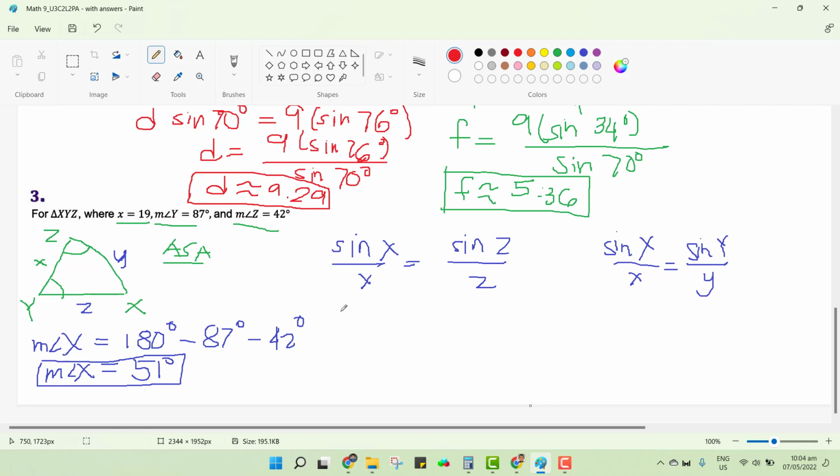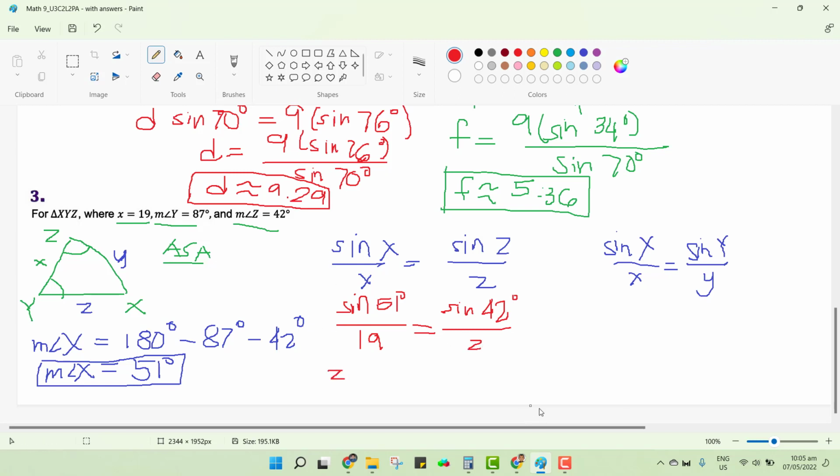Let's continue with this first. You have here sine 51 degrees, divided by x measurement, which is 19, as given here, equal to sine z, which is 42 degrees, over z that we don't know. Apply the fundamental law of proportion.